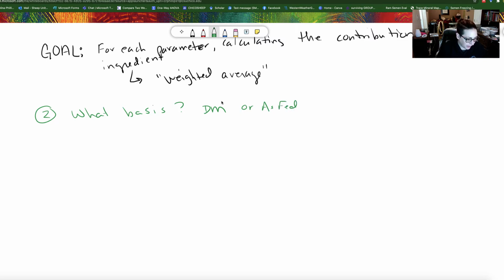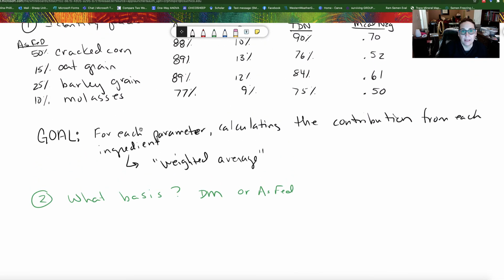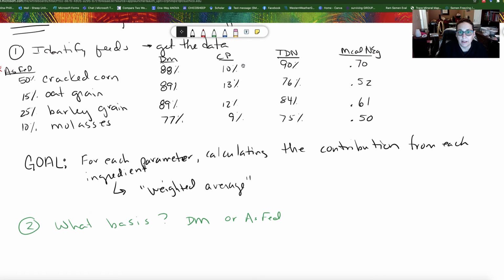And so when we're looking at this problem, you'll notice that I gave the initial proportions of the mix on an as fed basis. But if we're going to be figuring out the amount of nutrients, that is always going to be on a dry matter basis here. These values are all dry matter.